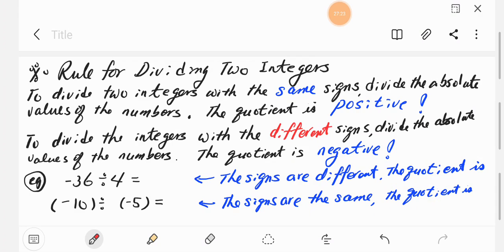Then divide the numbers, and the quotient is positive. So same signs, the result is positive, same as multiplication. If you are dividing two integers with different signs, then make them positive numbers and divide. Then the quotient is negative, just like multiplication.